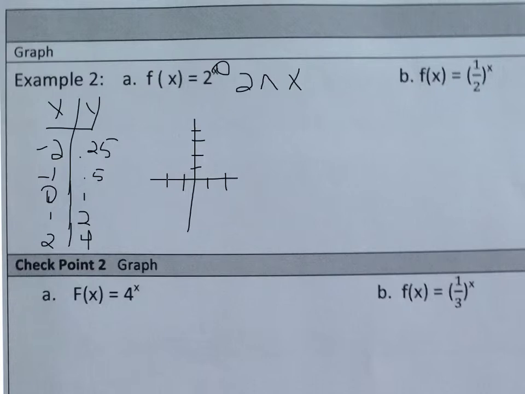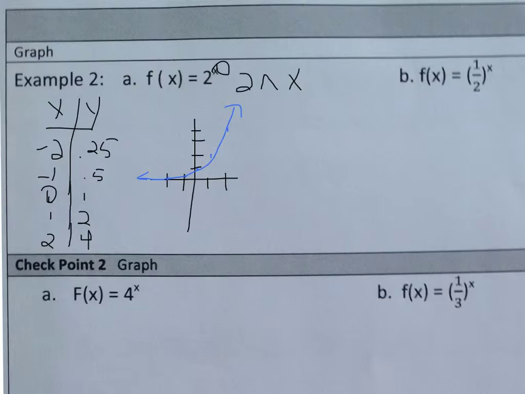So you got 0.25, which is going to be real close. And then you got 0.5, which is going to be a little higher. And then you got 1. And then at 1 you got 2. And at 2 you have 4. So my graph would look like that. And it would keep going in different directions. And again, my asymptote would be the x-axis.